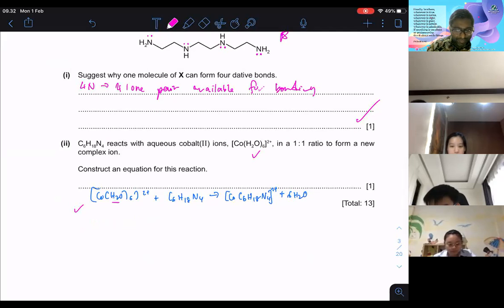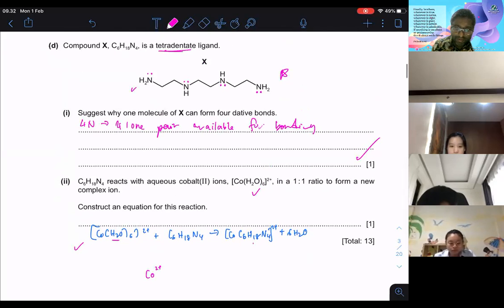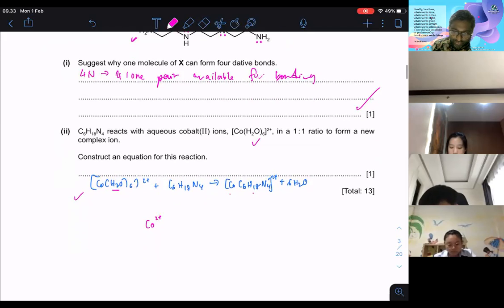Water is neutral, so it's still Co2+, and then going to be replaced by this tetradentate ligand. This tetradentate ligand is also zero charge. So when they come in, they are just going to join this, and do not forget about the 2 plus. The 2 plus is going to be staying, because why?